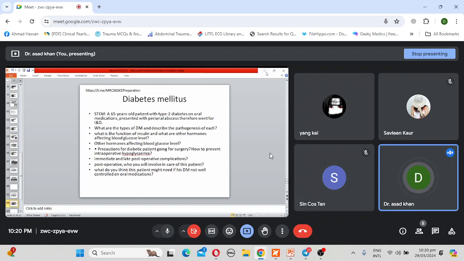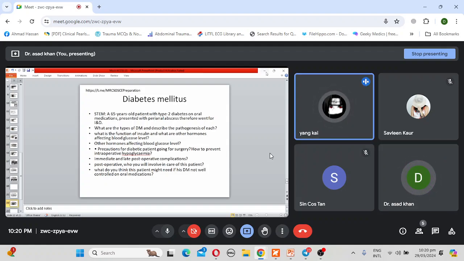So these are the immediate complications, correct? Hyperglycemia, hypoglycemia, dehydration, electrolyte imbalance, hyperglycemic hyperosmolar syndrome, and DKA. Now the late complications are infection, sepsis, and delayed wound healing.